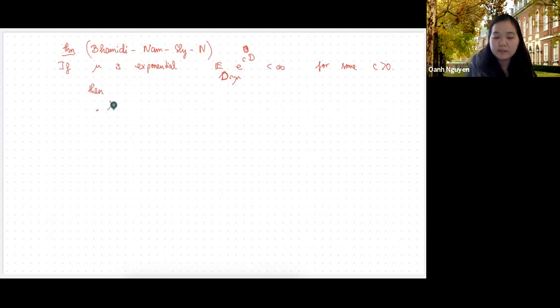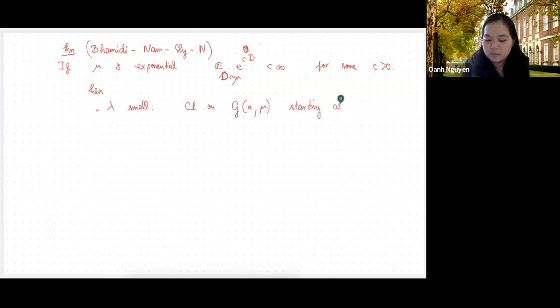If mu is exponential, then if lambda is sufficiently small, the contact process starting on G and mu, and starting with all vertices infected, dies out in time n to the 1 plus beta 1.